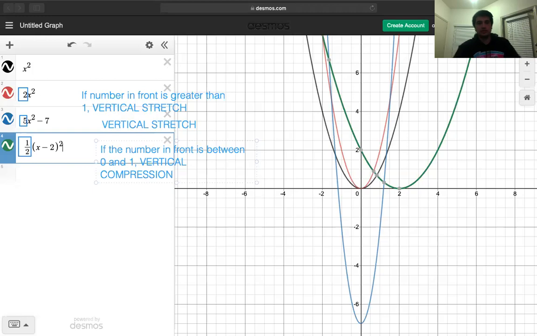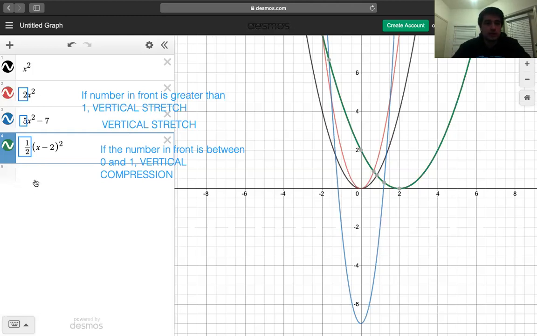That one seems kind of tricky, right? But it's just, so if the number in front is between 0 and 1, most of the time that's going to be a fraction, okay? So if I have like 1/2, 3/4, 1/3, any of those fractions, that's between 0 and 1, right? So that's a vertical compression.